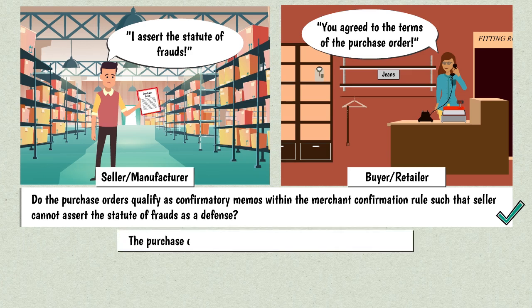Seller received the purchase orders, which are written confirmations of the oral agreement. The purchase orders are sufficient confirmatory memos against the sender, here the buyer, because they state a quantity term and are signed by the buyer. Seller failed to object to the purchase order's contents within 10 days of receiving them. As a result, the contract can be enforced against the seller, even though the seller has not signed.